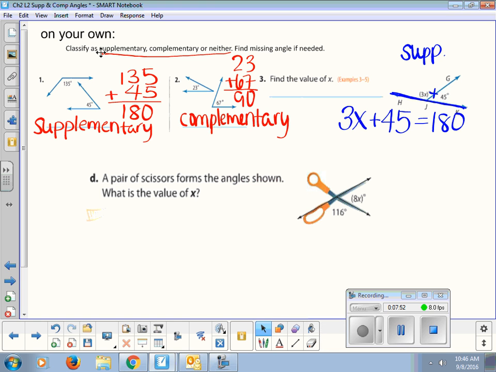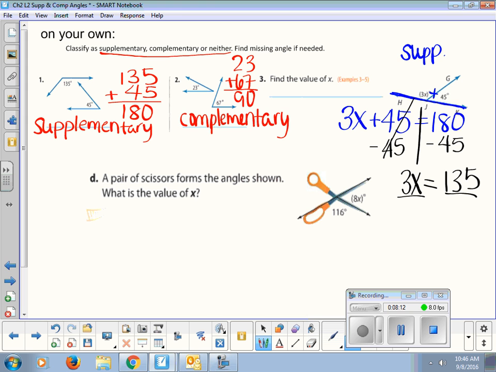To solve this equation, we want to undo any addition or subtraction first. So we subtract 45 from both sides. This cancels to 0, and we get that 3x equals, what is 180 minus 45? 135, and then we have to divide both sides by 3. We should have gotten that x equals 45.